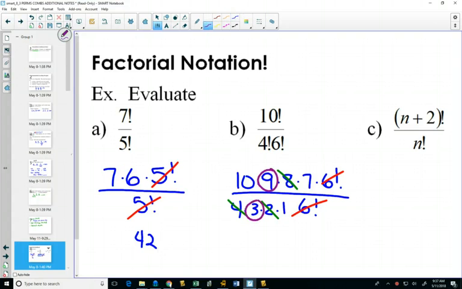And the 9 and the 3, well, they wouldn't cancel out perfectly, but they would simplify, and you would be left with a 3 on the top. So I tried to color code things there so that you could see what I canceled with what. And now what am I left with on the top? A 10, a 3, and a 7. 3 times 7 is 21. 21 times 10 is 210.